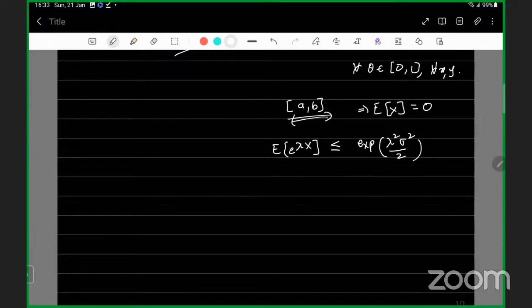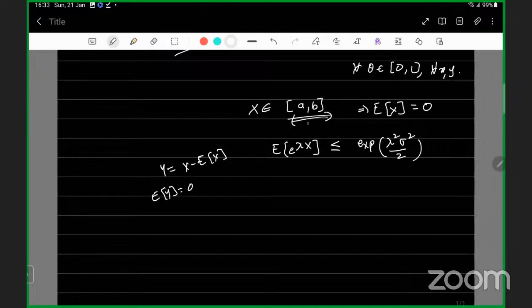Yes. So you can assume that already expected x is 0. If not, you just define a new random variable y equal to x minus expected x. If you define it like this, then expected y will be 0, right? And the range will just shift.